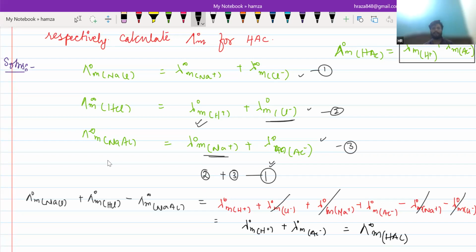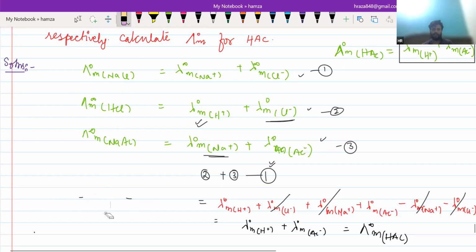H plus Ac minus, that will be HAc. Wait, what I mistook here is that for the second equation, we need to write second and first.